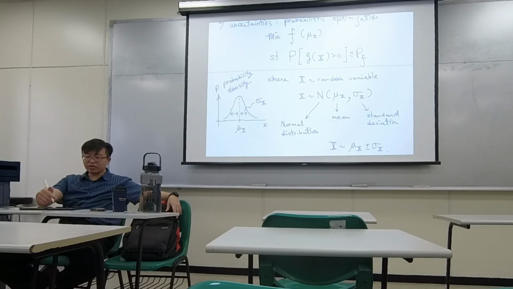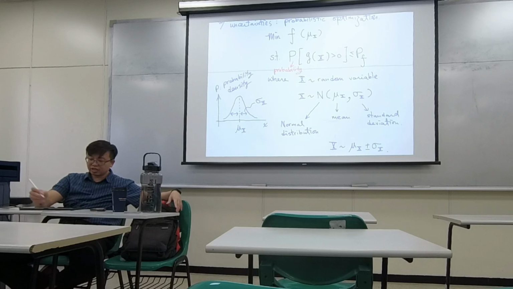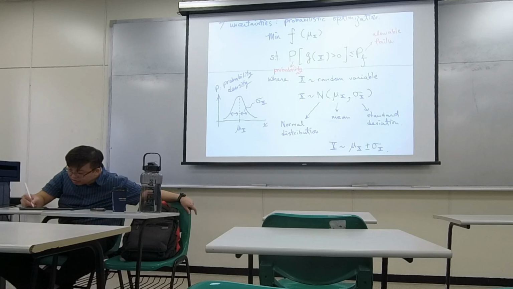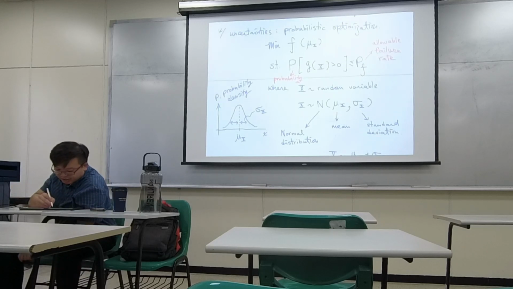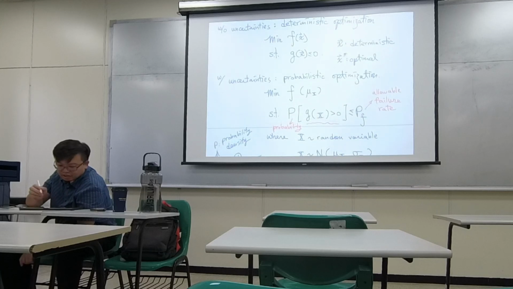And what's going on with the constraint? This is the probability. And this is called the allowable failure rate. Okay? And what is this? Take a look at the original problem. This is the safe event.